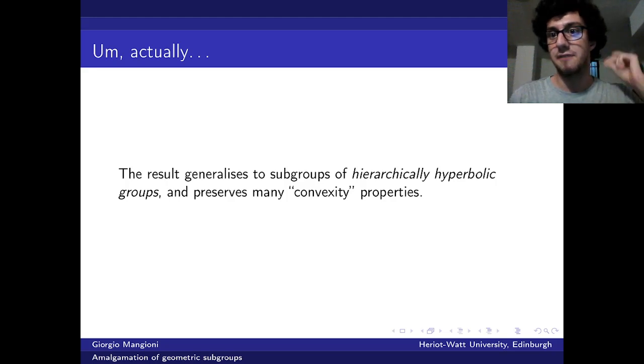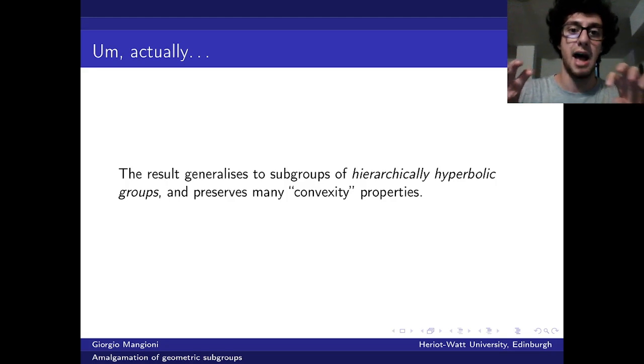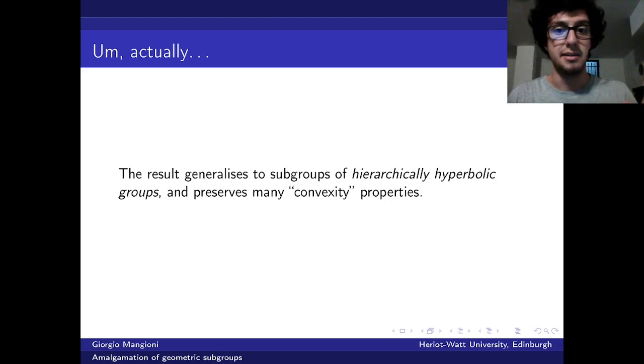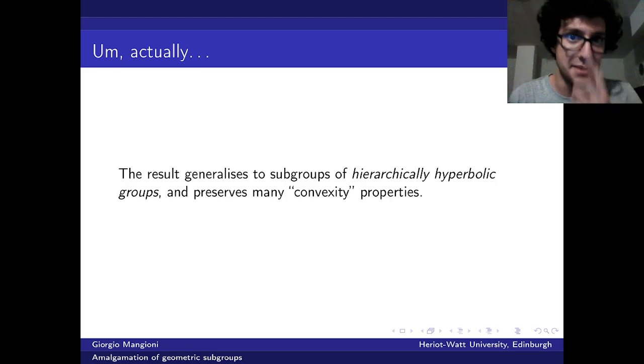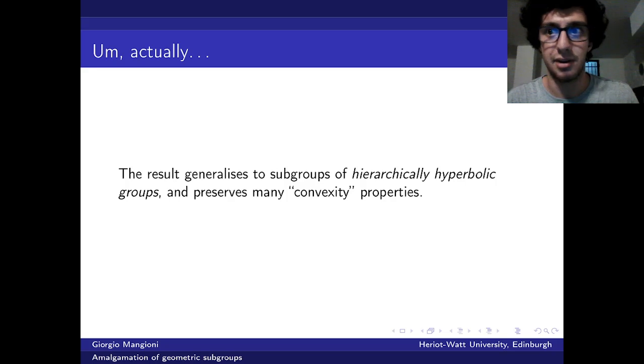Meaning that if the two subgroups you start with have this convexity property, then the subgroup they generate still has this property. So if someone is interested, please send me an email and we can talk about it more.